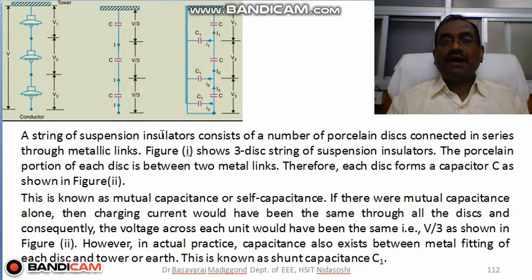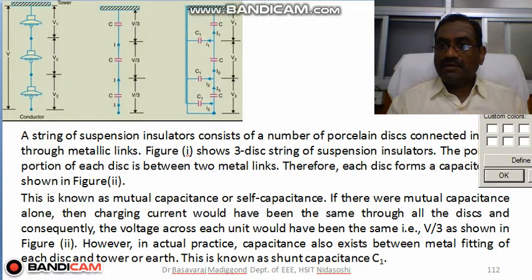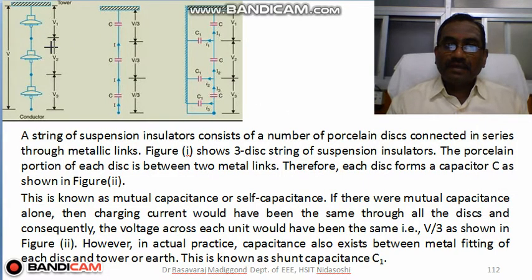A string of suspension insulator, these are the insulators. And this is the insulator disc, and this disc has a metal link.